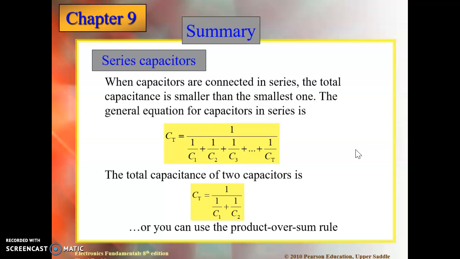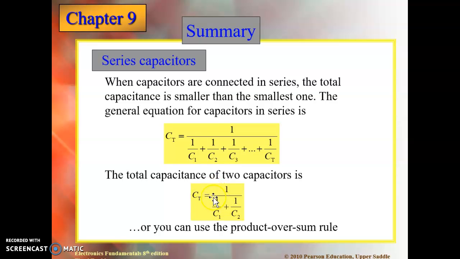The total capacitance is the reciprocal of the sum of the reciprocals of the capacitors. Just like the equation says here, the total capacitance is 1 over C1 all the way to Cn. For two capacitors it's the same, just for two.